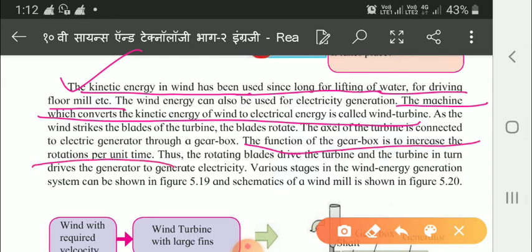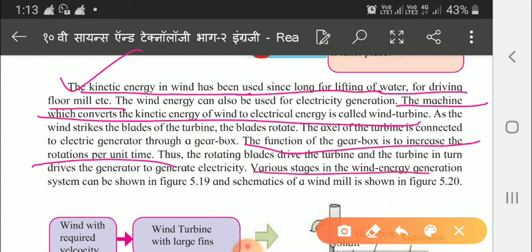Per unit time means in 1 second or in 1 minute, whatever rotations of the turbine are there, when we put the gearbox, it rotates more rapidly, more fast. So the rotating blades drive the turbine, and due to that turbine rotation, the generator has the energy to generate the electricity.